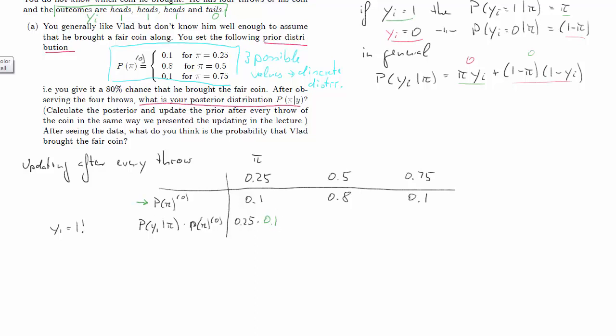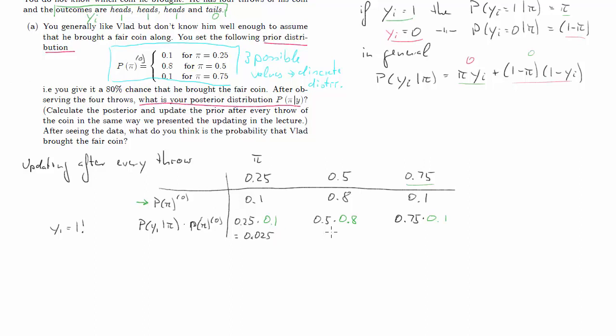So the probability of getting that is 0.25 when pi is equal to 0.25, and the prior for 0.25 is 0.1. The prior for 0.5 is 0.8, and the probability of getting a head with that is 0.5, and the probability of a head when pi is 0.75 is 0.75, and the prior of that value is 0.1.